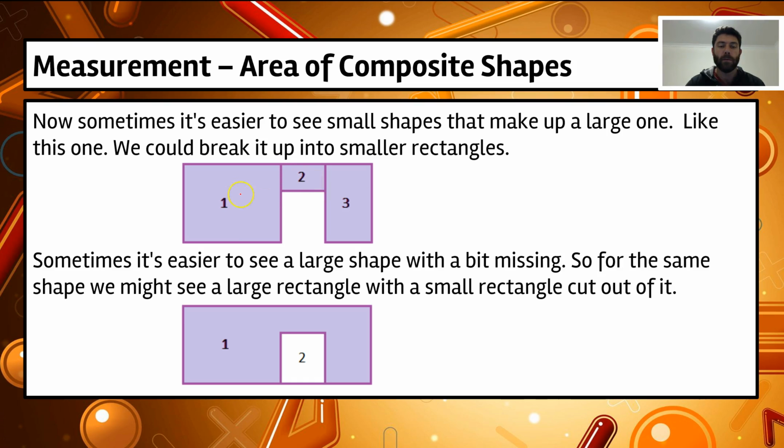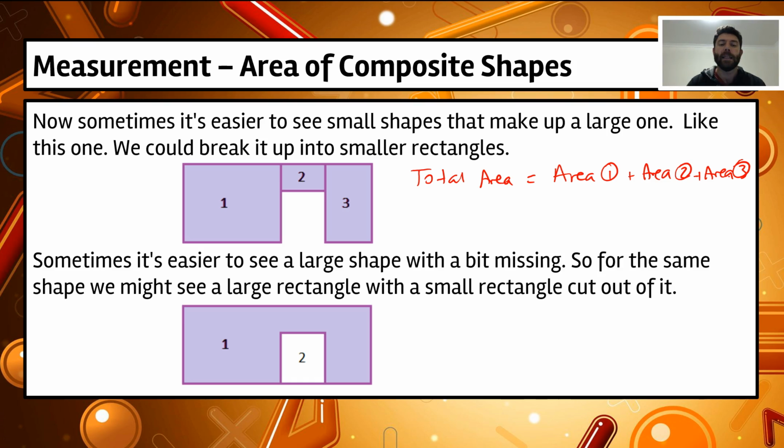So we've got area 1, 2, and 3. And for this total area, it would equal area 1 plus area 2 plus area 3. So we'd add all of those up for that shaded region.